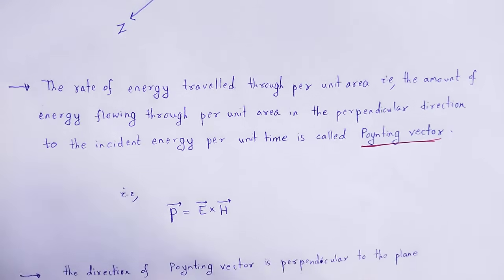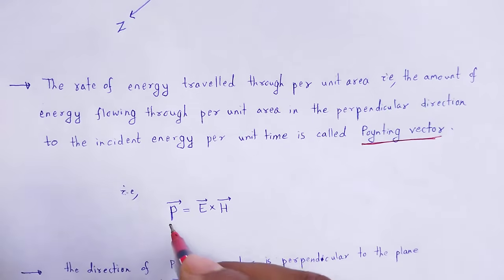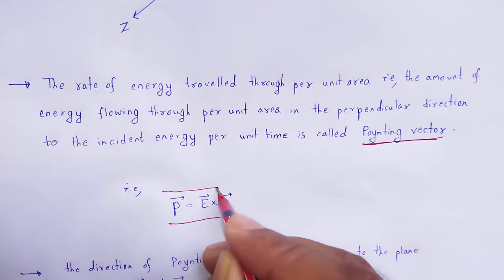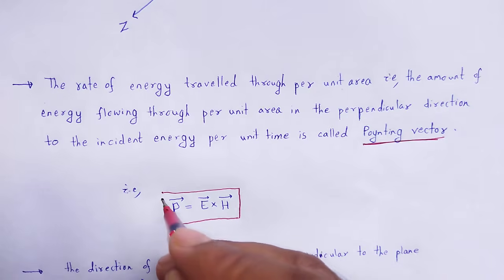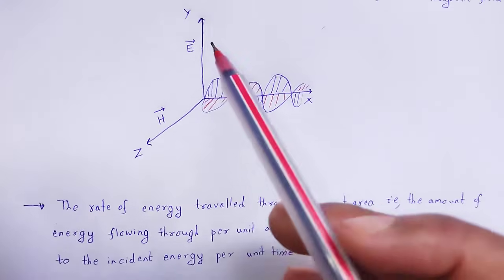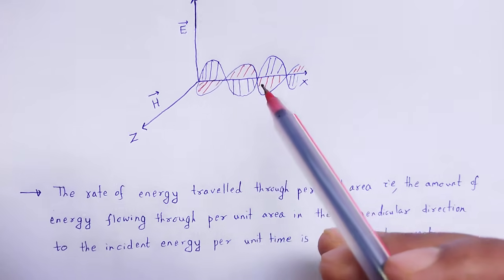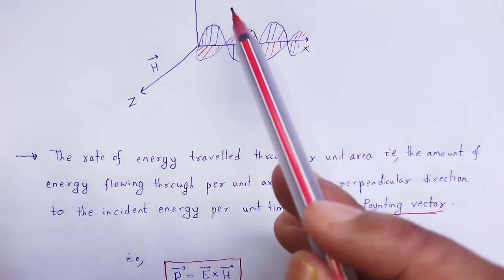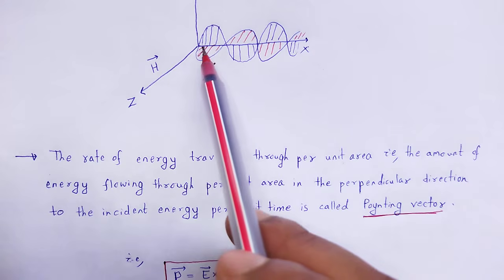That is, Poynting vector is represented by P vector equal to E cross H vector. The cross product of E vector and H vector represents the Poynting vector, that is the rate of energy travel through per unit area.